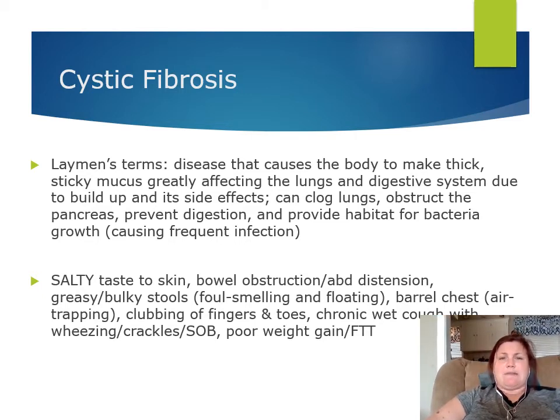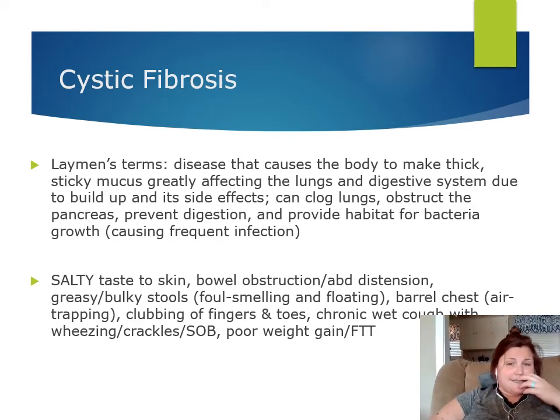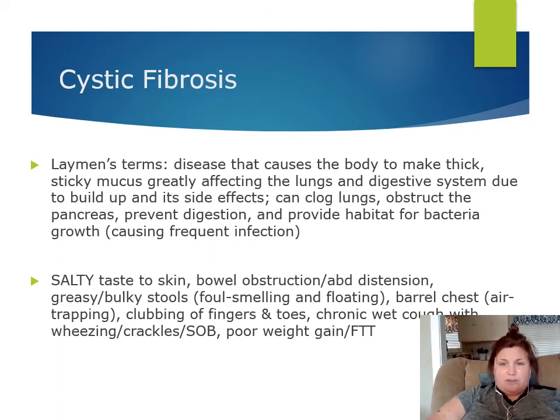They may have a vitamin deficiency, which needs correcting. And that FTT, that failure to thrive, is usually due to the body not digesting food and absorbing the nutrients appropriately. As a child gets older, reaches puberty and adolescence, they may suffer from infertility because CF can affect the reproductive system as well.